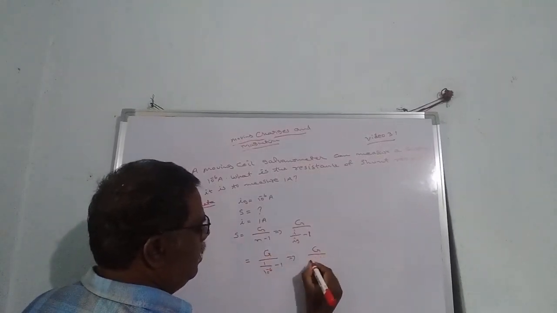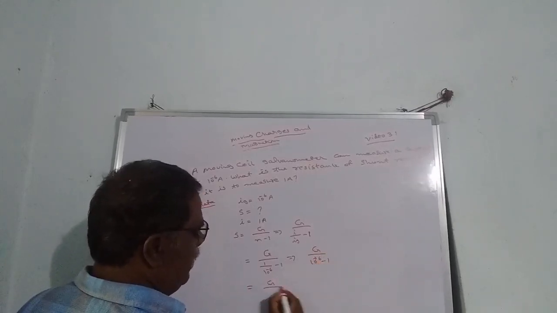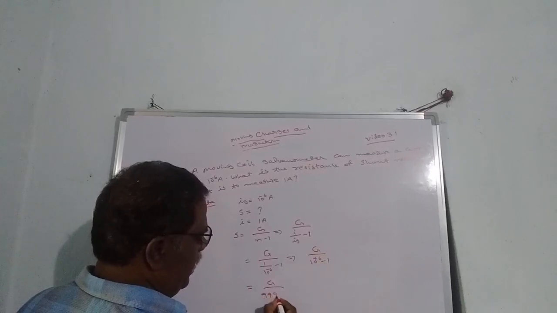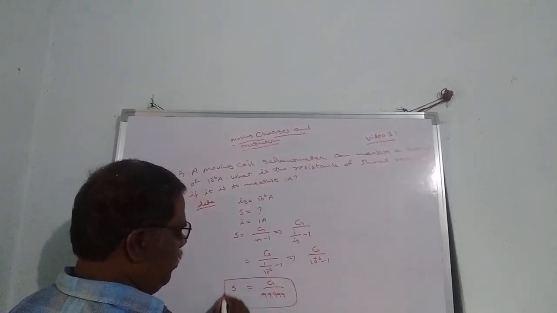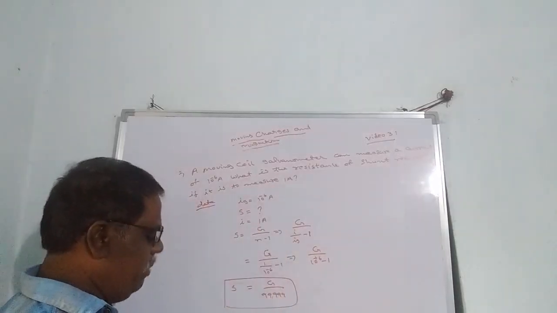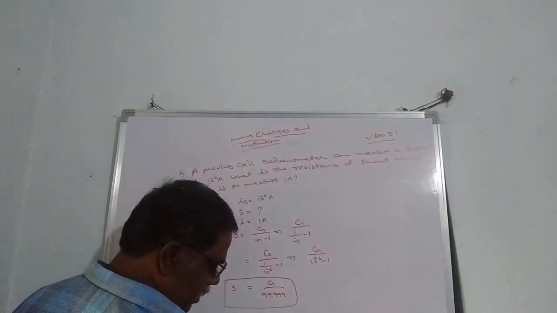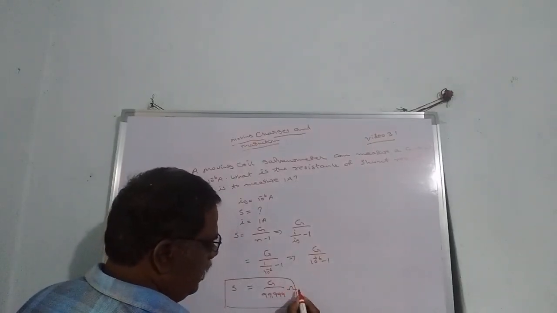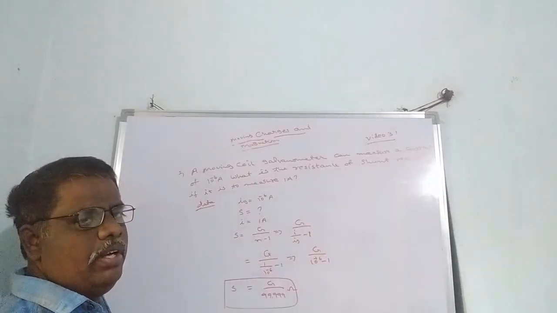Then it becomes 10 power plus 6 minus 1, which is 99,999. So this is the shunt resistance we require to do the above task. So S value is G by 99,999. Resistance should always be in ohms.